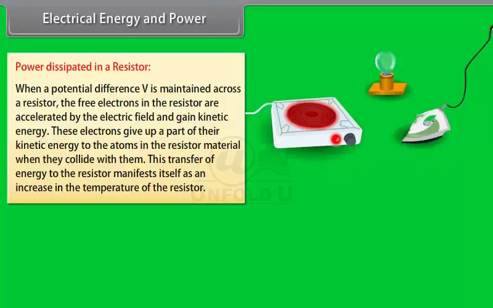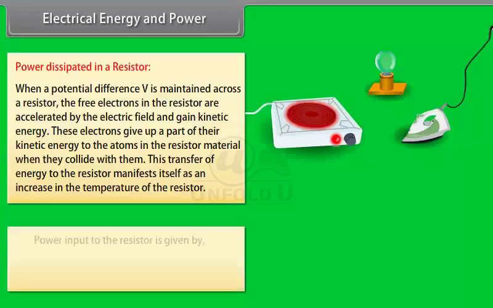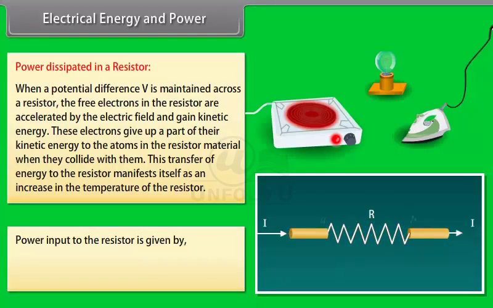This transfer of energy to the resistor manifests itself as an increase in the temperature of the resistor. Power input to the resistor is given by P is equal to VI, which is equal to I squared R, which is equal to V squared divided by R.